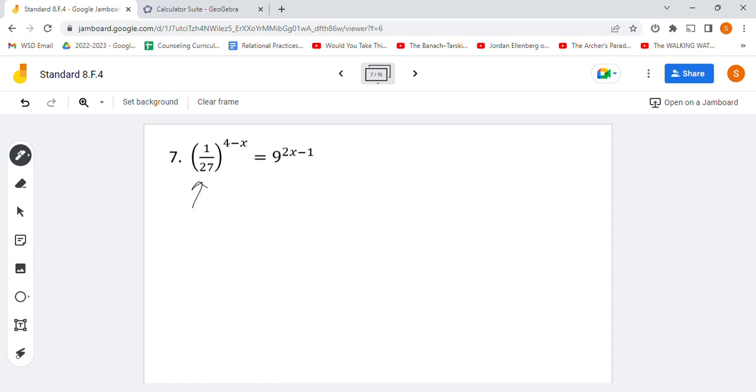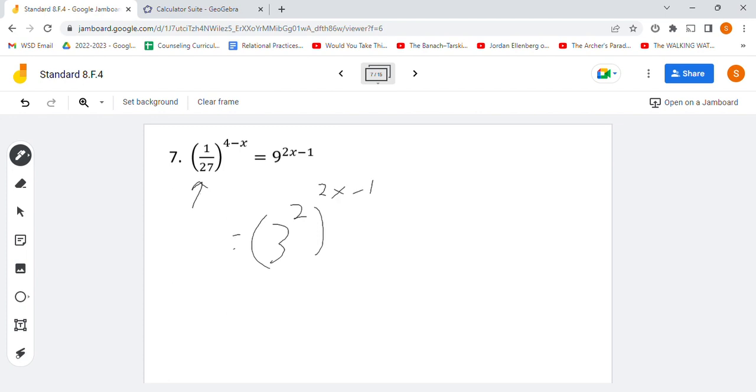So again, 27 doesn't break down nicely with the base of 9, so we are going to break both of these down to a base of 3. 9 is 3 squared, as we saw on the last one, and we still have the exponent of 2x minus 1 on this side.